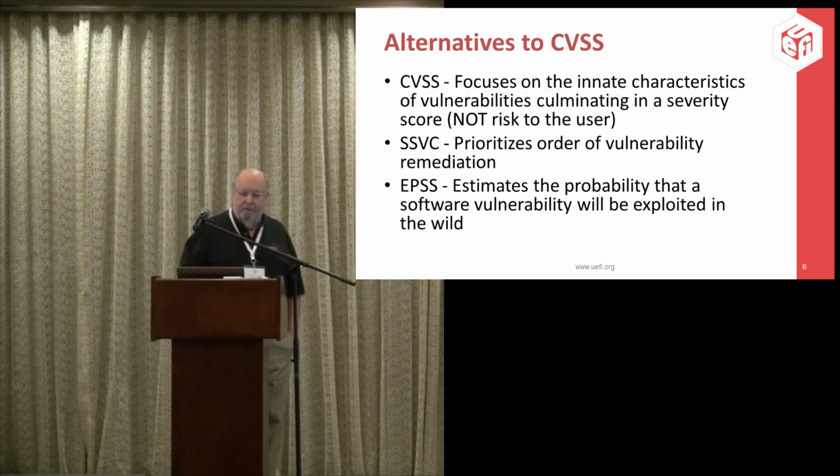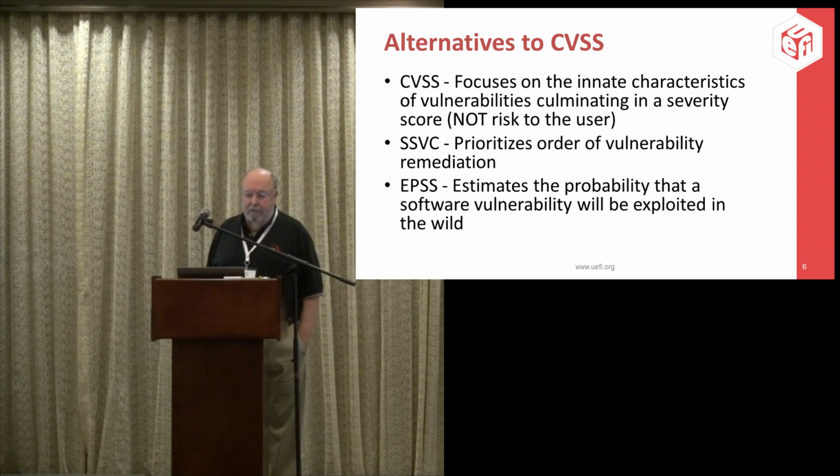There are some alternatives. First, CVSS itself focuses on the innate characteristics of vulnerabilities, coming up with a severity score. It's not scoring risk. Risk is an evil term because we don't know what the risk is to you and your situation.